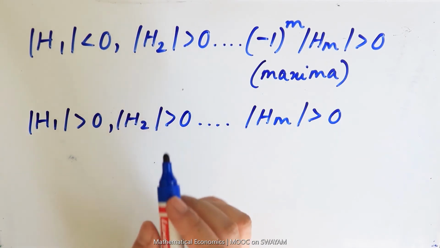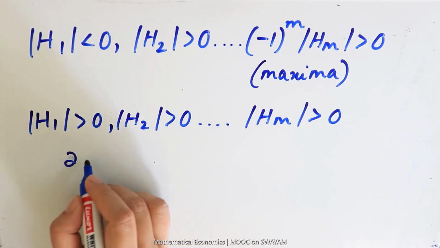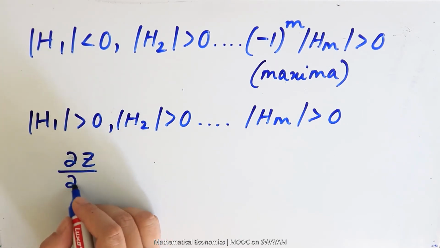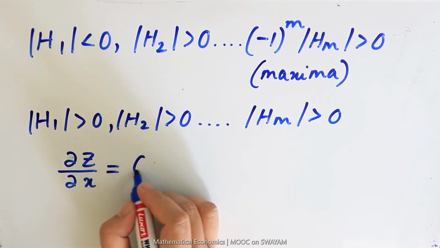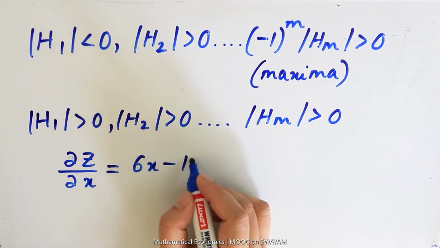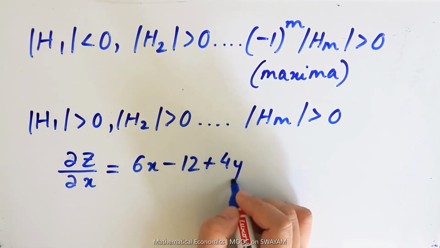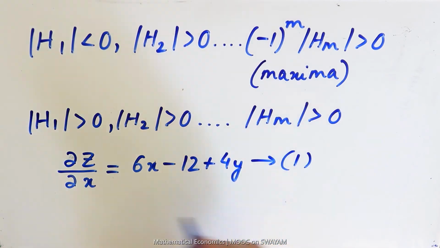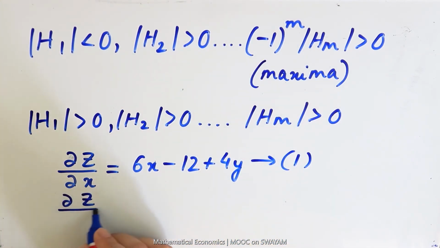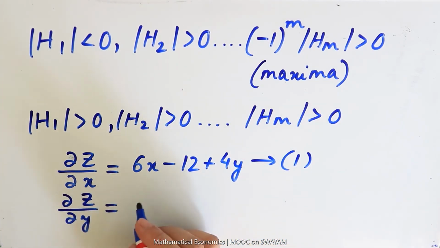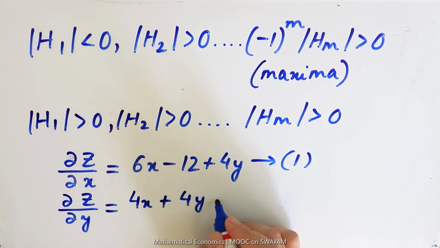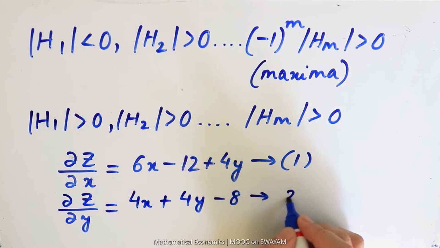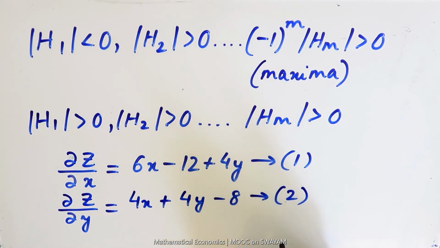In our example, if you remember, partial derivative of z with respect to x, we got it as 6x minus 12 plus 4y, which we marked as equation 1, and partial derivative of z with respect to y was 4x plus 4y minus 8, and this was equation 2. Now from the concept of Hessian determinant, here h is the Hessian determinant.